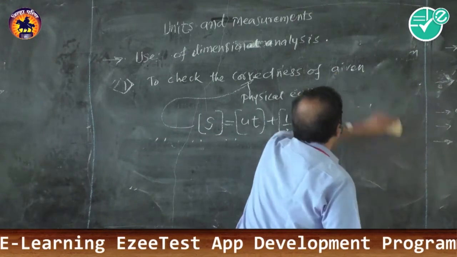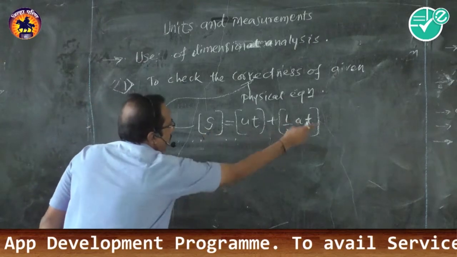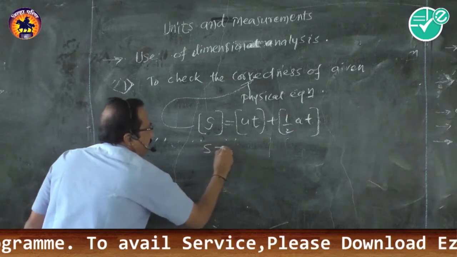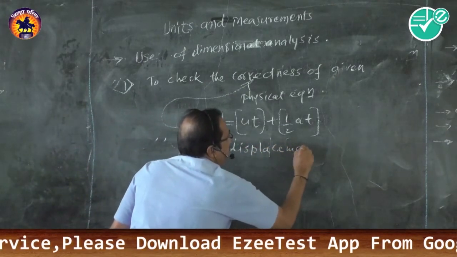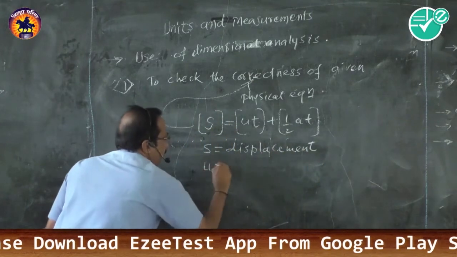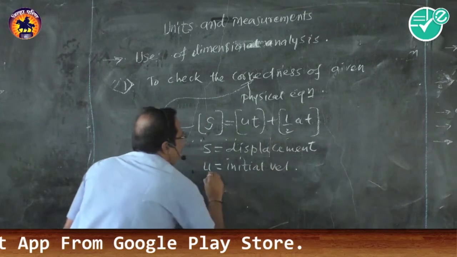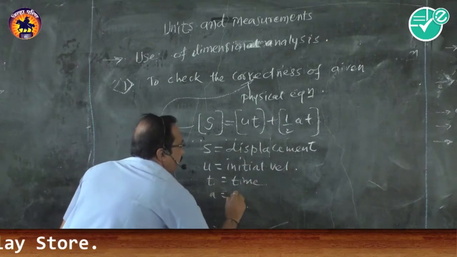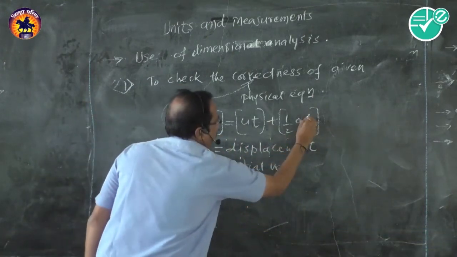Let us check whether this equation is dimensionally correct or not. Suppose the equation given to you is S is equal to ut plus half at square. It is a popular kinematic equation. S is the displacement, u is the initial velocity, t is time, a is acceleration, and t is again time.